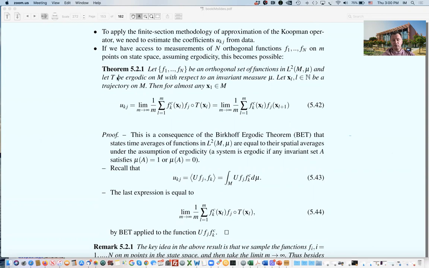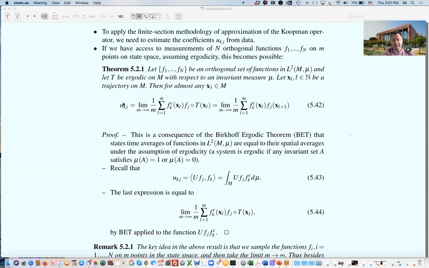And then I'm assuming the dynamics is ergodic on some set M with respect to an invariant measure. So the x_l are points on a trajectory on this set. And the statement says, for almost any initial condition, so for almost any trajectory, the U_kj can be estimated with this finite sum.